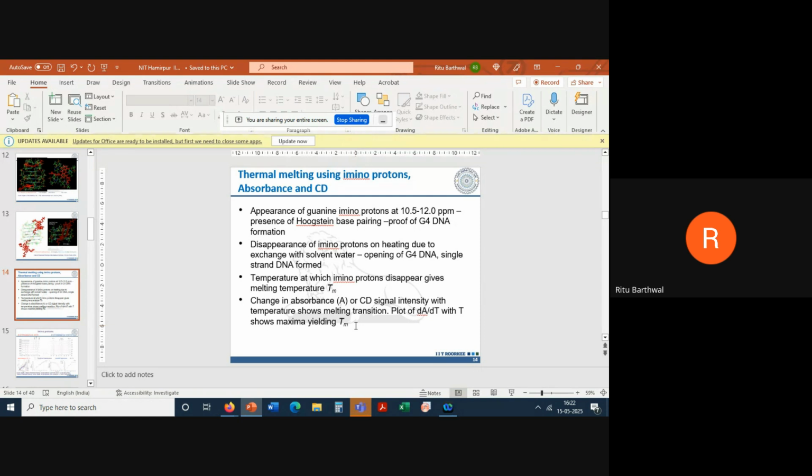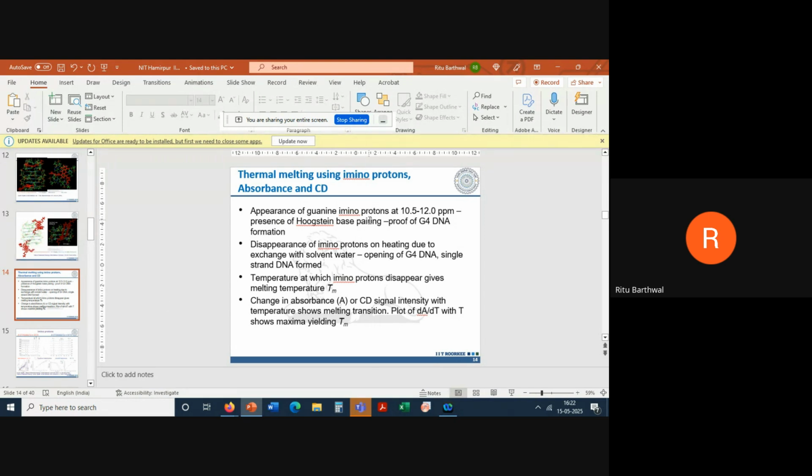So you have to determine at what temperature it was melting when it was DNA alone and when it is a complex. These are the two things that you have to determine. That means for quadruplex DNA alone, what is the Tm, or T half as we call it, the melting transition temperature. And when the ligand is attached, what is the Tm?